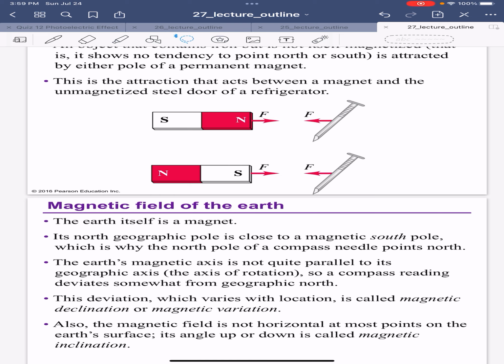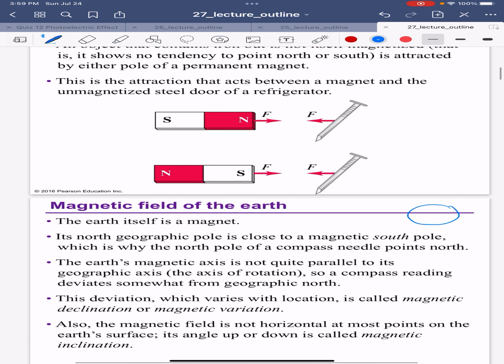If this is the earth, and this is, let's say, the north geographic and this is the south, we're going to find that the magnet inside the earth is opposite, S N. Therefore, if you have a compass, it is going to point towards the North Pole, because its north is going to be attracted to the south of the earth, and its south is going to be attracted to the north of the earth.